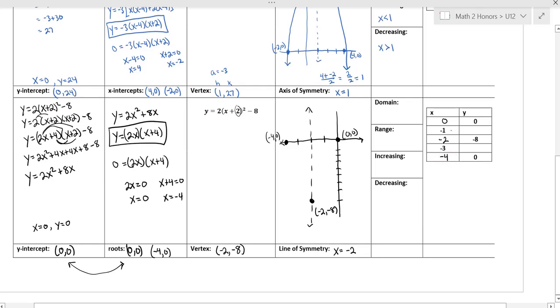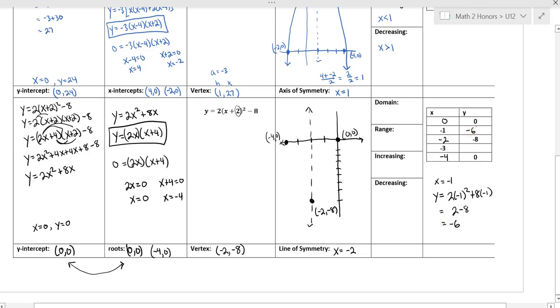And I've asked you to find the values, like what happens if you plug a -1 in for x. I'll just use standard form here. So y is 2 times -1 squared plus 8 times -1, which is going to give us -6.